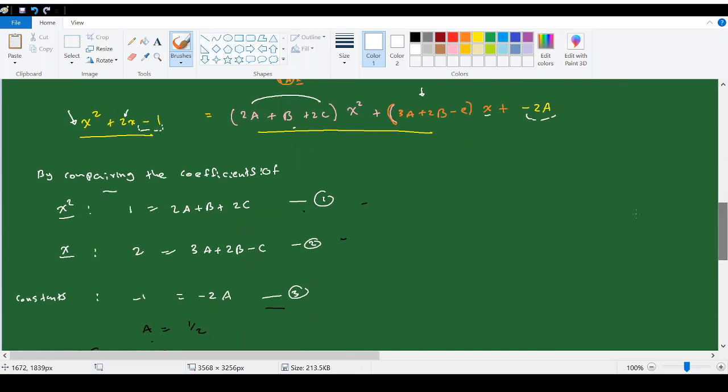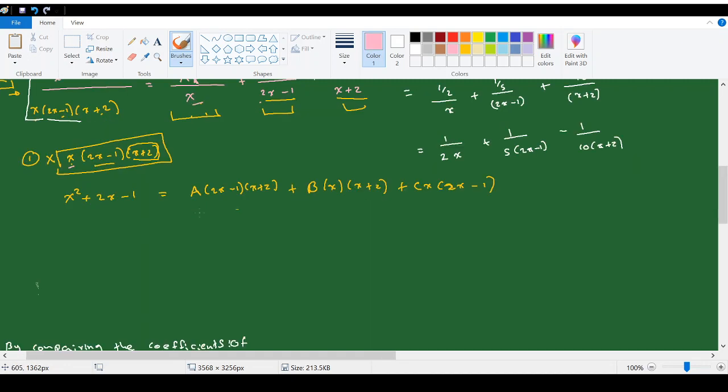Then we will obtain a system of linear equations where we can solve for a, b and c. Okay, right. And the second method is for this multiplication. Now for both the first method and the second method, we will need this first step of the multiplication.